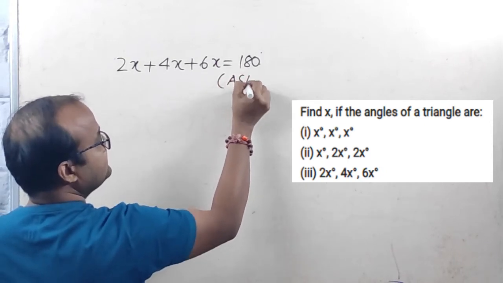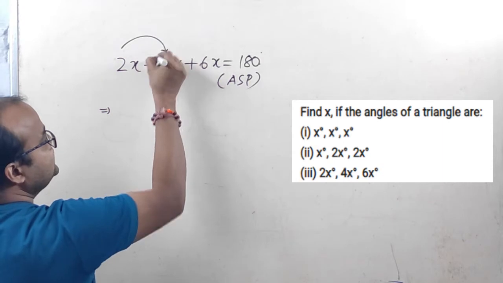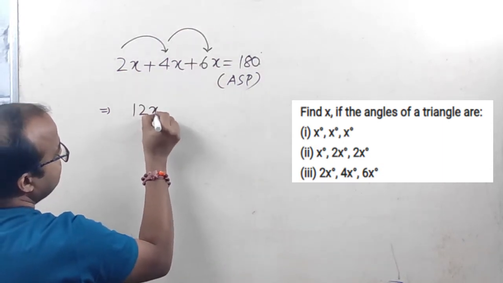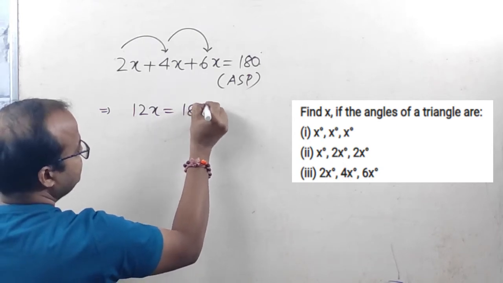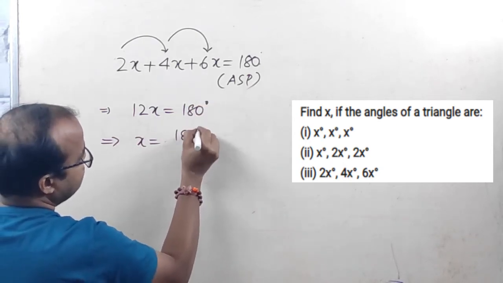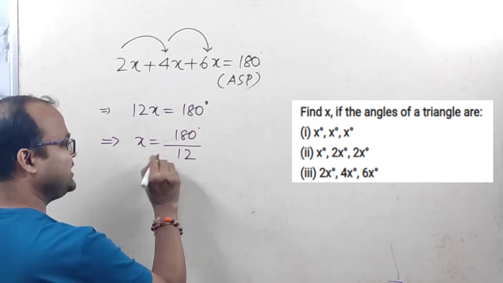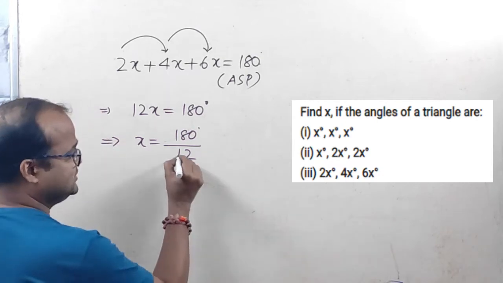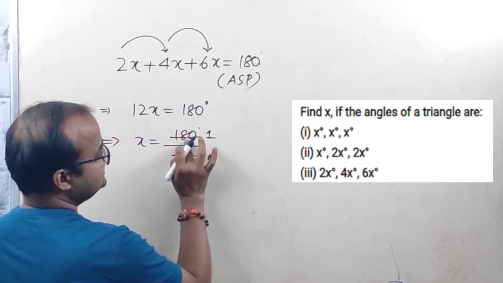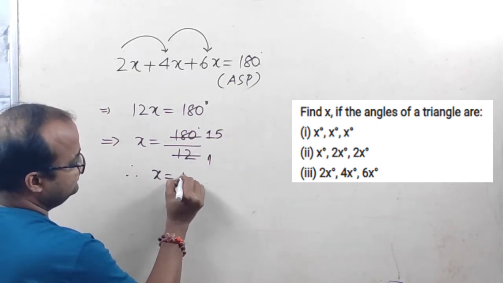Angle sum property. So 2 plus 4 is 6, 6 plus 6 is 12. 12x equals 180 degrees. It implies x equals 180 by 12. So you can cancel directly with 12, or you can go for the factors 2 and 3. 12 ones are 12, 12 fives are 60. Therefore x equals 15 degrees.